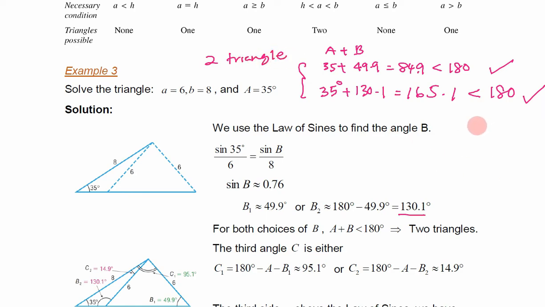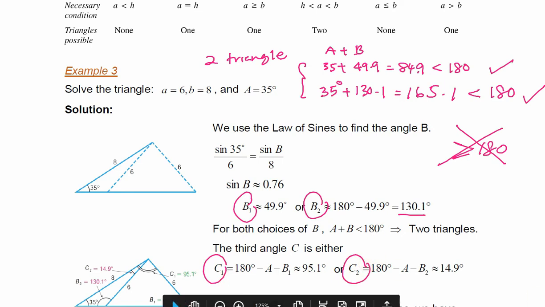Okay, so if we get a sum which is more than or equal to 180, therefore we will not have the triangle. For this case, since we have either B1 or B2, we also need to find the pair C1 and C2. Our C1 is of course 180 minus our fixed A, which is 35, minus B1.